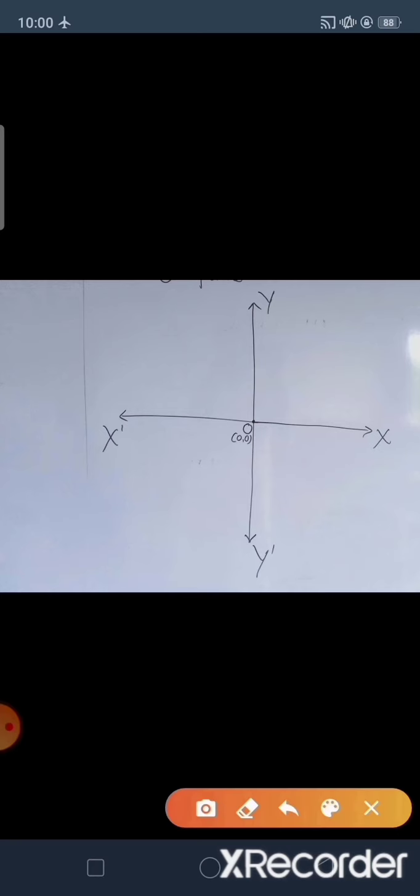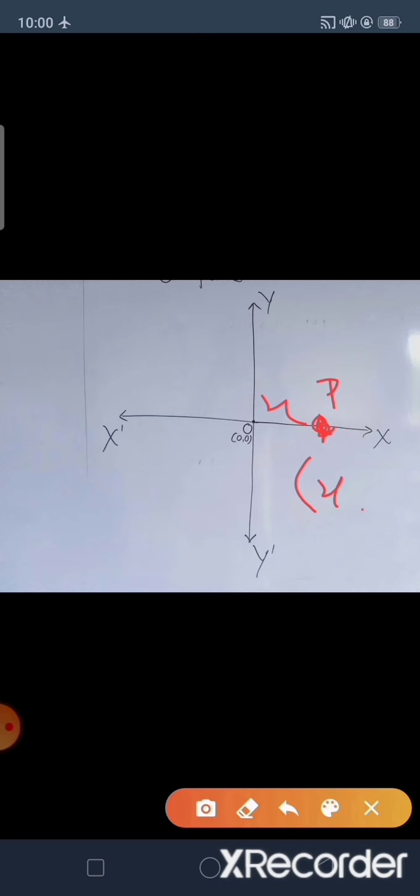Again we plot a graph. A point on the x-axis has distance x for point P, and the distance along the y-axis is nothing, so its ordinate is 0.